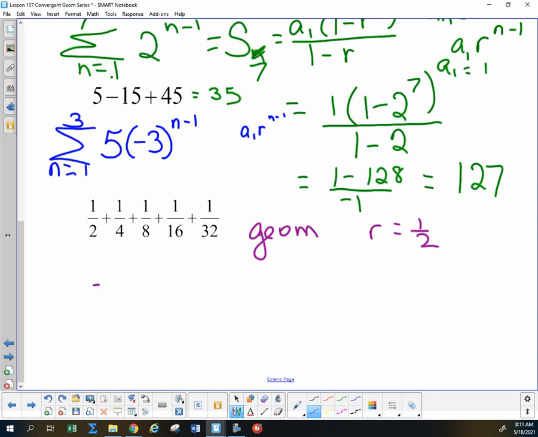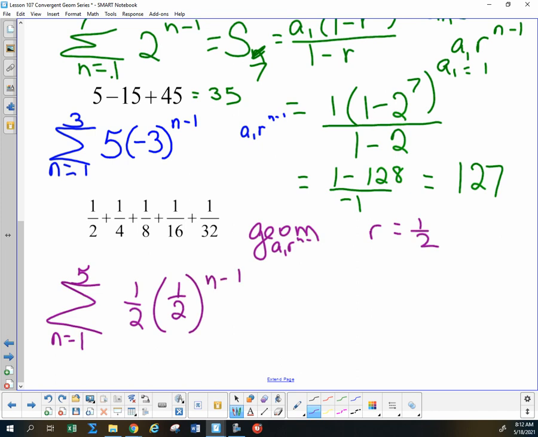And we'll also write this in sigma notation. So we'll work on that while I've got Ava and looks like 1 or 2 others checking what that's going to add up to for us. How many terms do I need? Micah, how many terms do I have? 5. So I need n going from 1 to 5. It's geometric, so that means my nth term is a1 r to the n minus 1. a1 is a half. r is a half to the n minus 1.